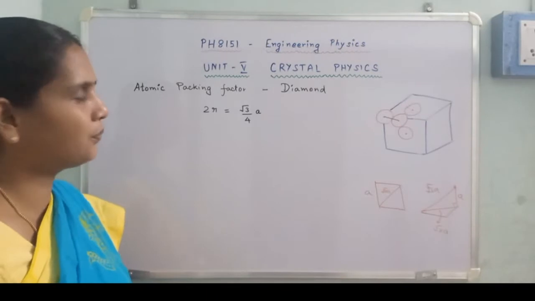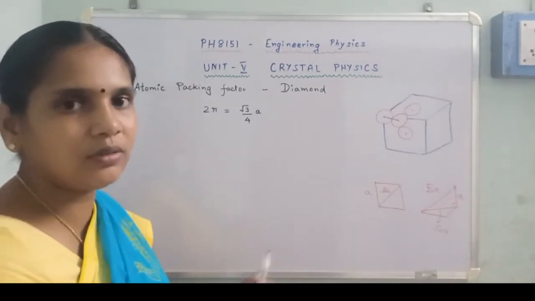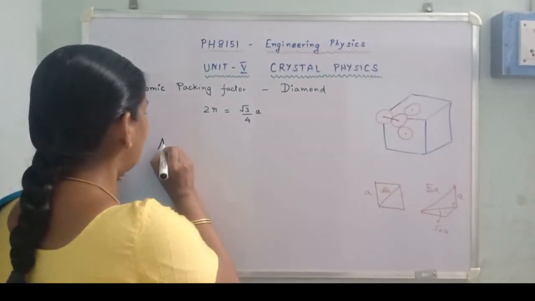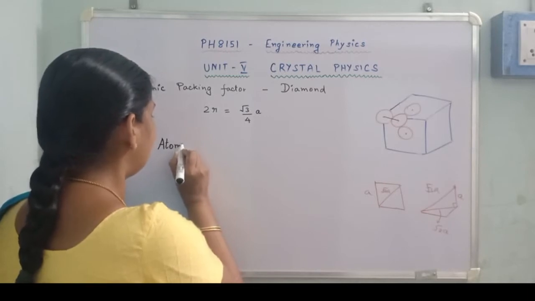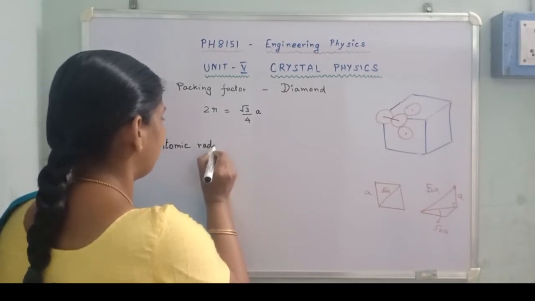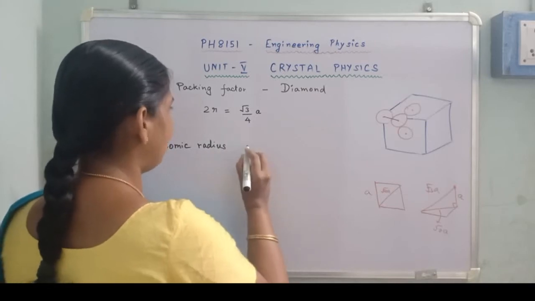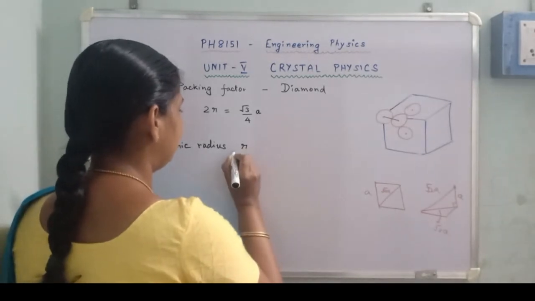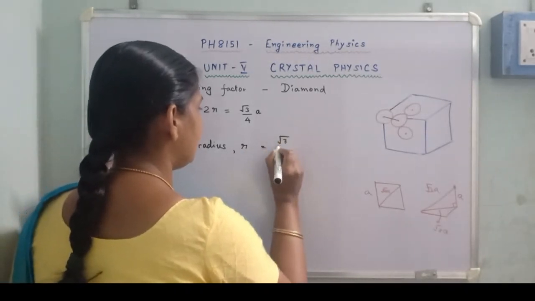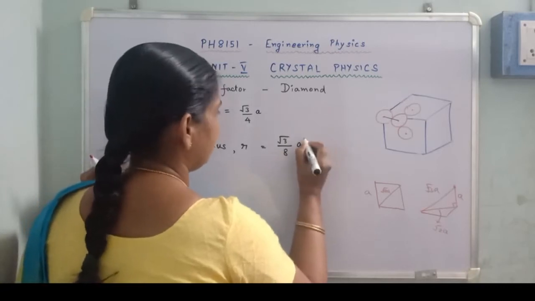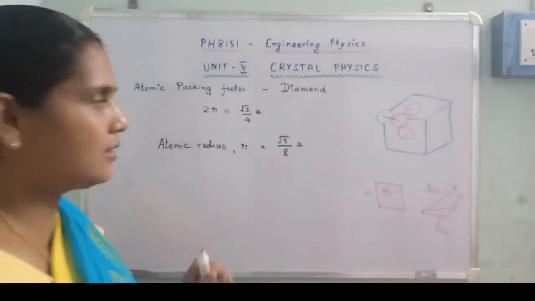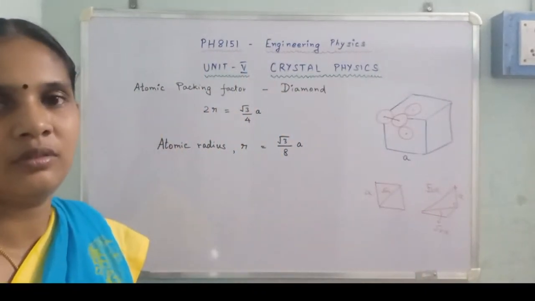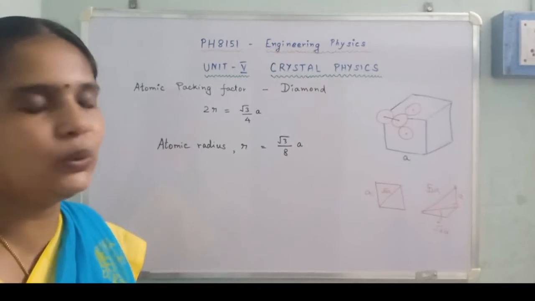Just like the other crystal structures, here we will start with the expression for atomic radius in terms of the lattice parameter. Atomic radius is √3/8 a. a is the lattice parameter, the length of the side of the unit cell.